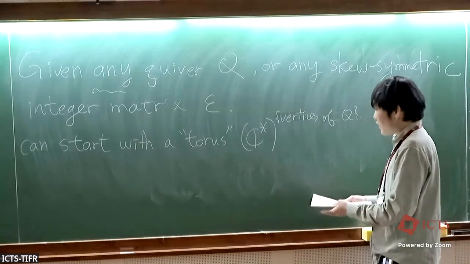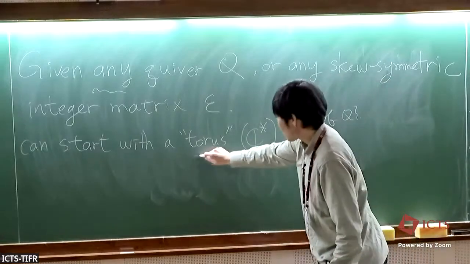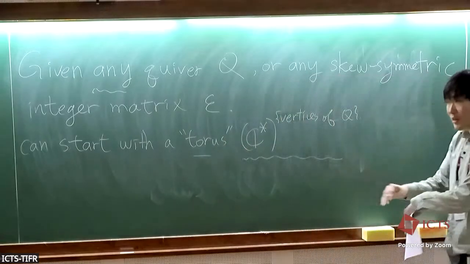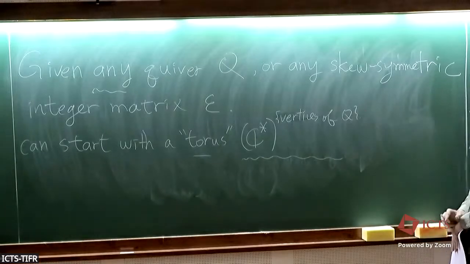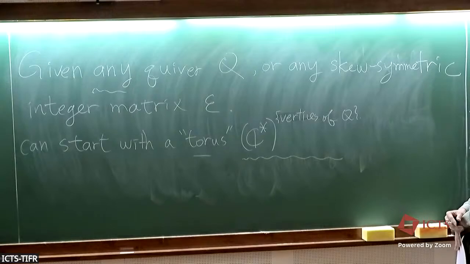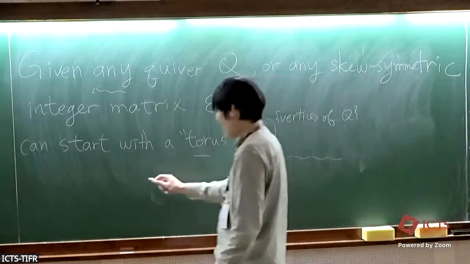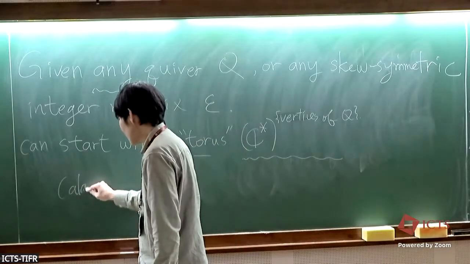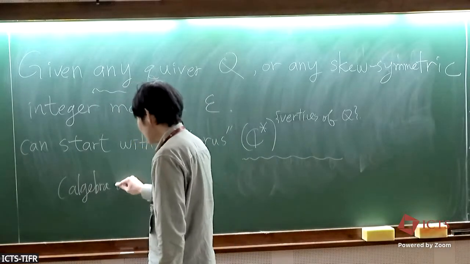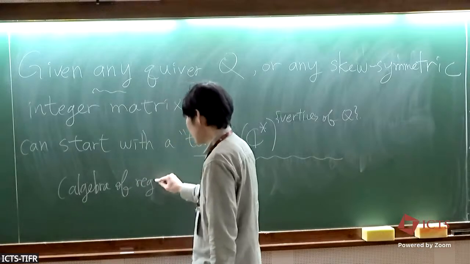But before doing that, when I say torus, this is the basic thing that you will be gluing together. And for one torus, this is a scheme where the algebra of regular functions is the Laurent polynomials in your variables. So let's remember that, because I'll be using the words regular functions later.